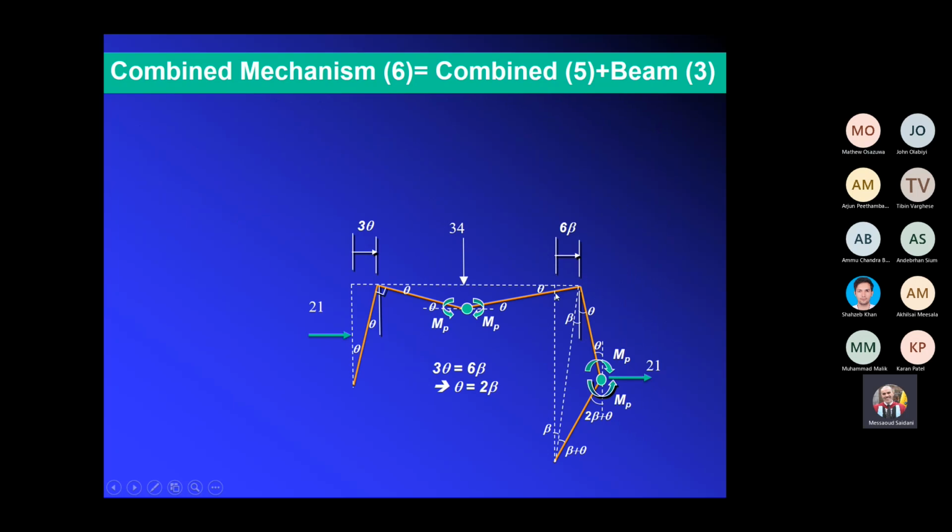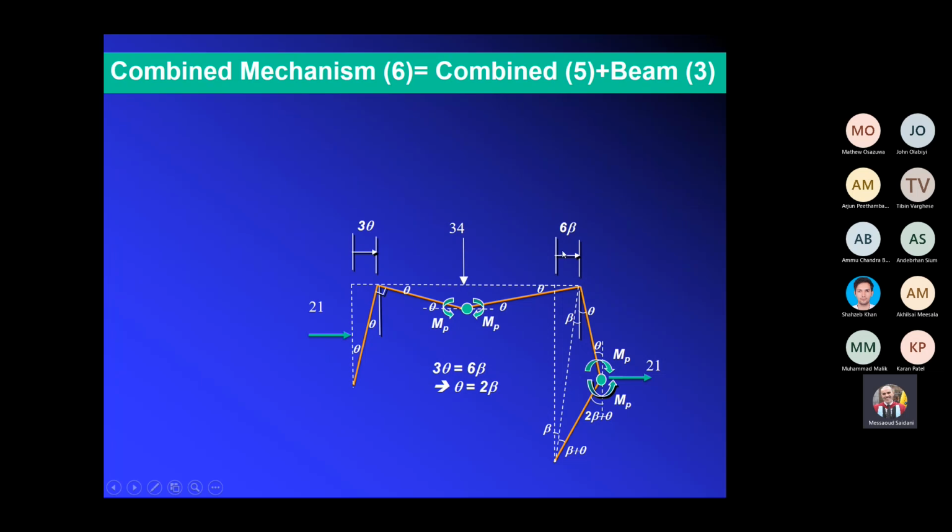This hinge will disappear because these two members are rotating in the same direction. But now I have a hinge, obviously, where the 34 is applied, and I have a hinge where the 21 is applied. And I have exactly two hinges, which is exactly what I need for total collapse. And there is no extra, there is no over collapse or anything.